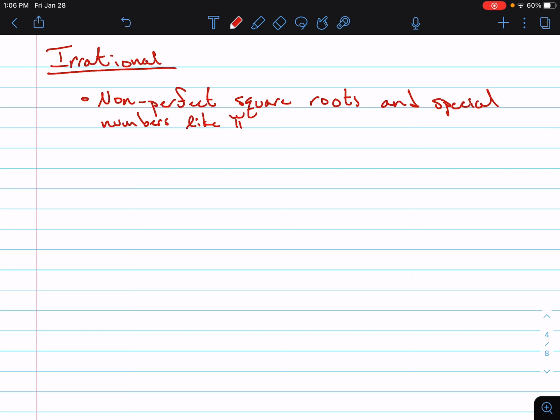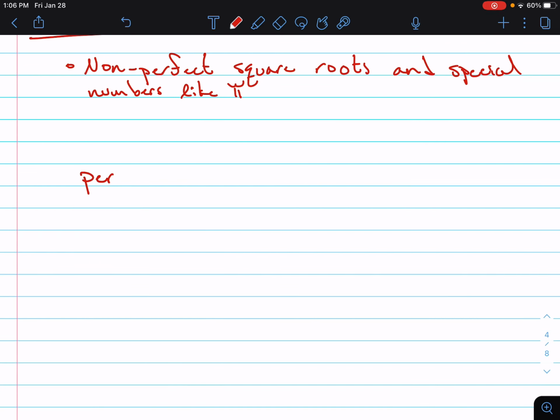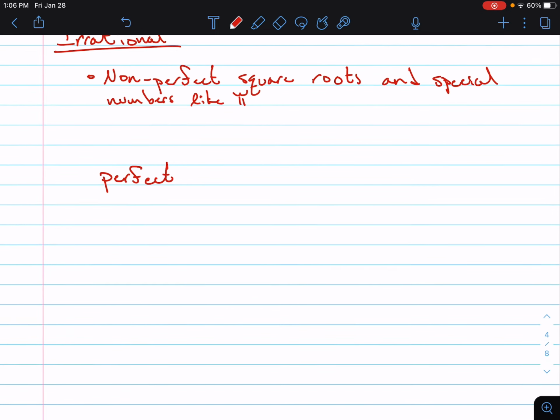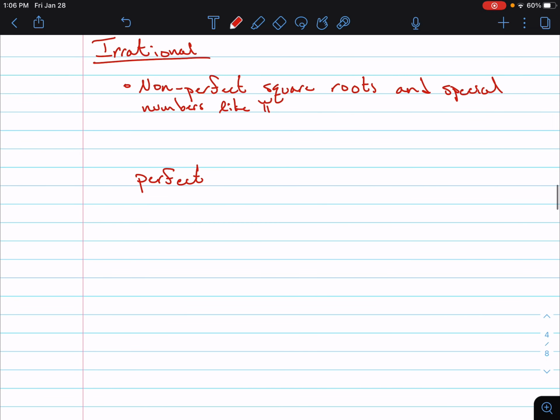So what is a non-perfect square root? It's going to be easiest if we describe a perfect square root, and that'll tell us what a non-perfect square root is. Perfect square roots, like root 25, equal an integer.